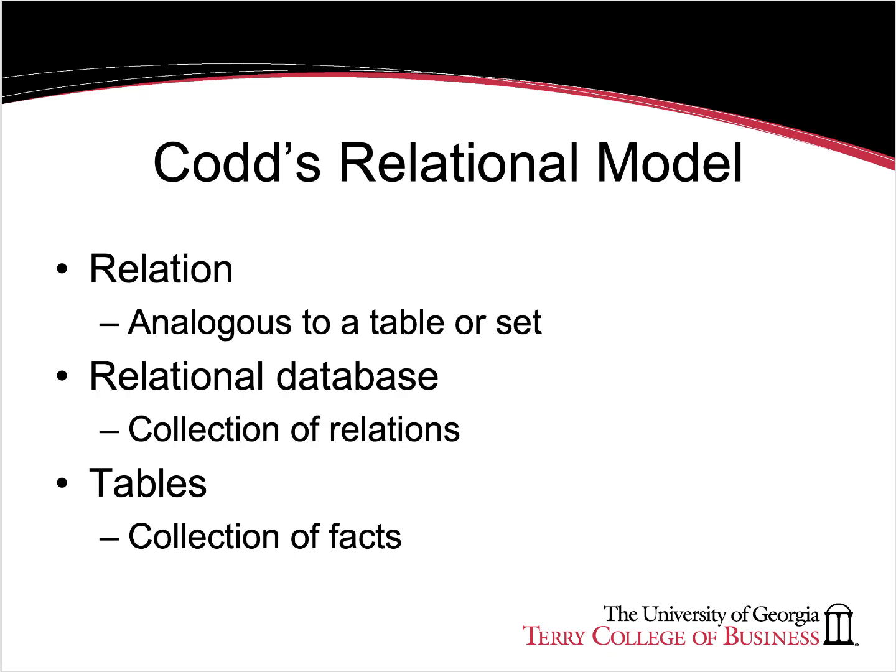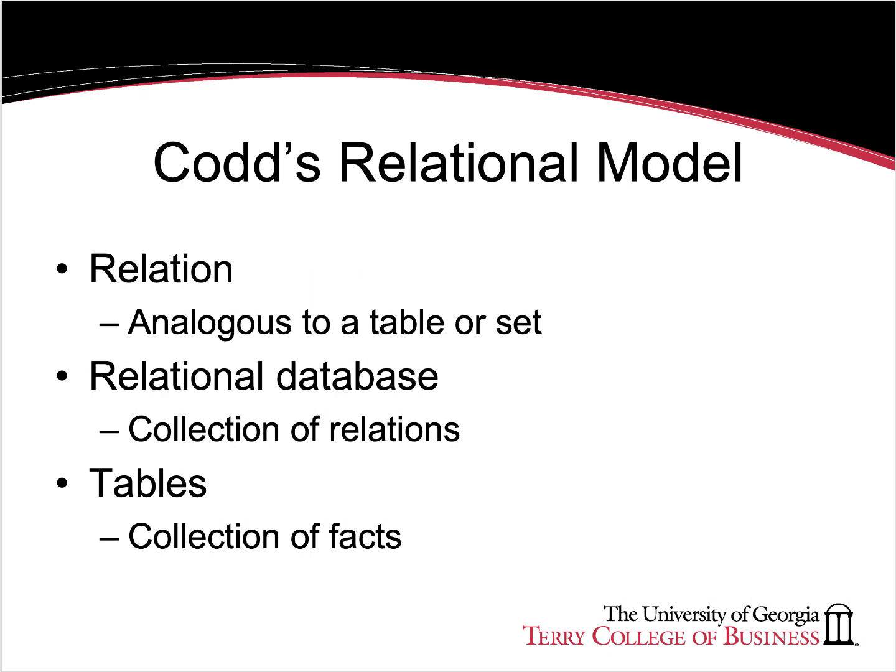As I mentioned earlier, the relational model was developed by an individual known as Codd in the 1970s. In Codd's relational model, he described this thing known as a relation. A relation is analogous to a table or a set.